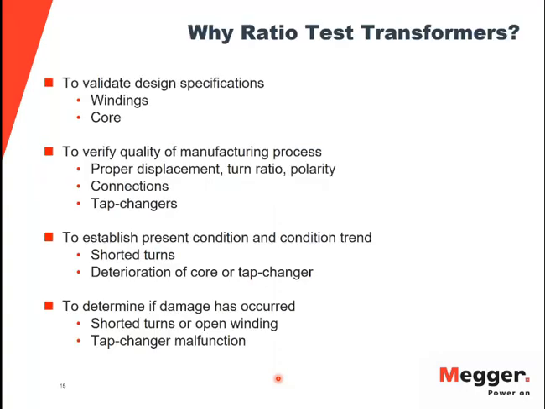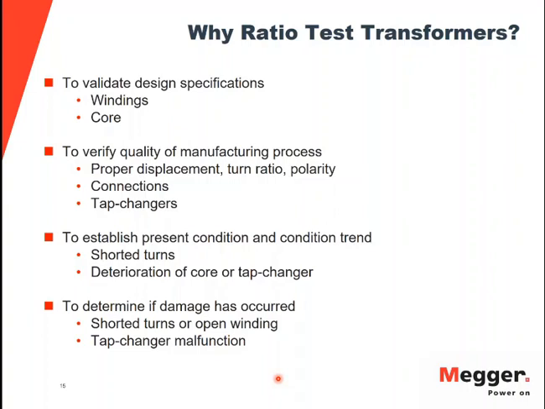Why do I need to do this test? What value do I get out of this test? As you know, this test is performed at various different stages of the life cycle of a transformer. If you are performing an acceptance or commissioning test, the purpose of this test is to make sure that the windings are designed as per the specifications.